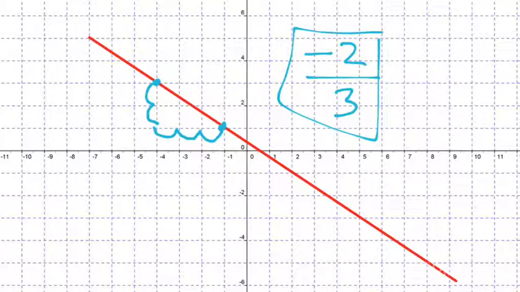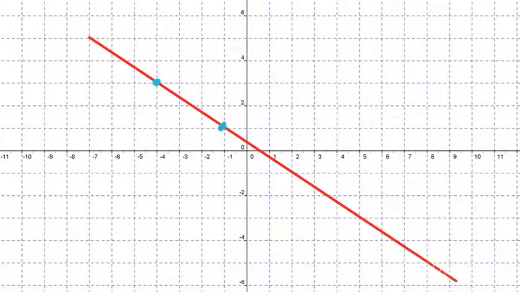Now what you do is you literally pick one of your points, write out its ordered pair. Do you remember that from Monday? As in -2/3. Remember that. Okay.